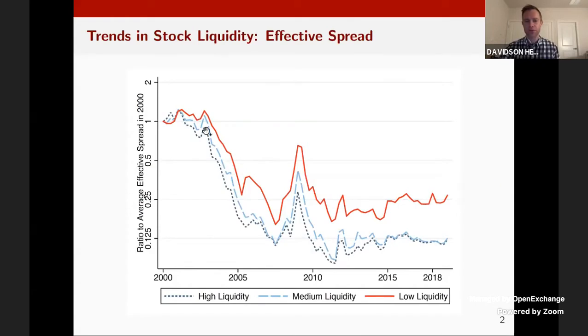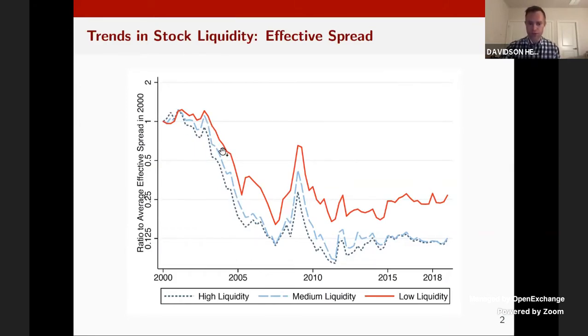And there's a similar, although maybe not quite as clear, pattern if instead of the Amihud measure of price impact, you use the effective bid-ask spread that market participants face, calculated from the high frequency data.